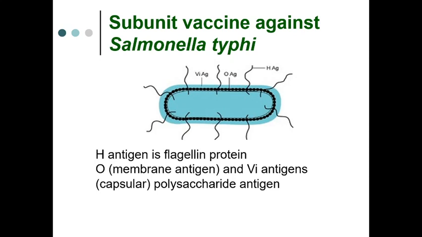These three candidate antigenic determinants or epitopes have been taken advantage of to produce vaccines against these antigenic domains of Salmonella typhi.